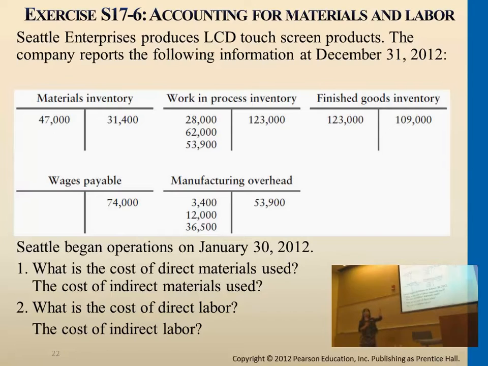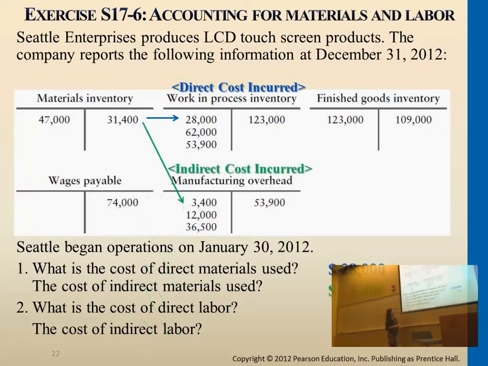Okay, so if we take a look at process, direct cost incurred, direct materials is $28,000. Remember, we assign the direct one to the work in process when we start using them. But if it's not yet used, it falls under materials inventory, it's the raw materials. Once we start using them, we assign the direct one to work in process, the indirect one to manufacturing overhead.